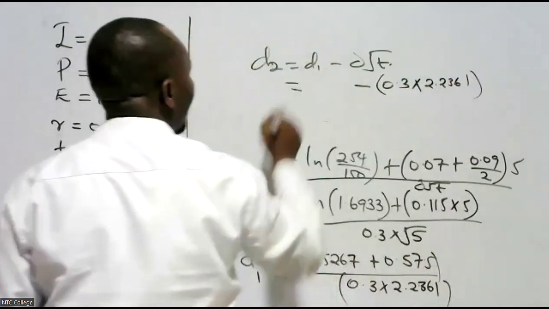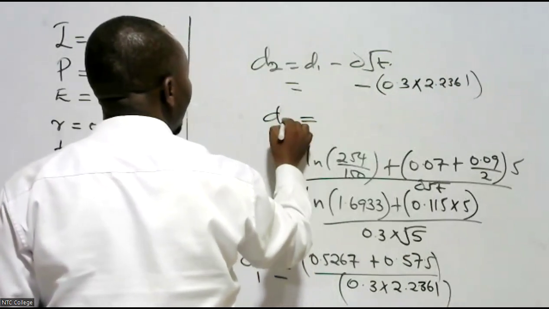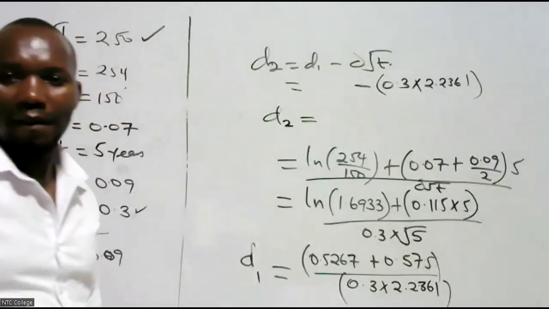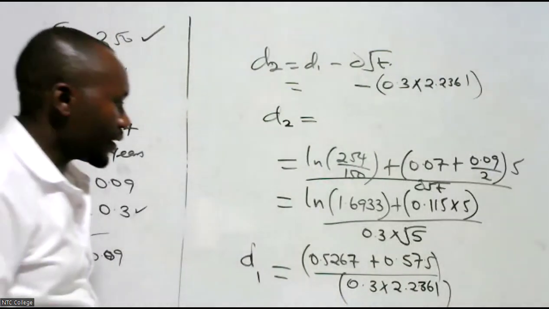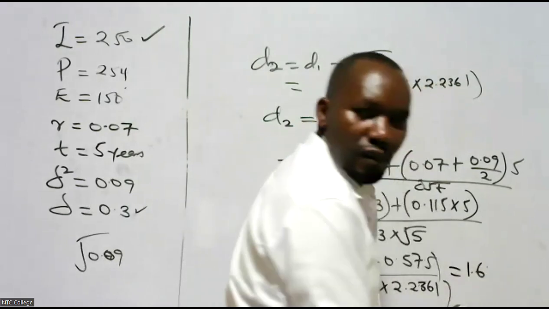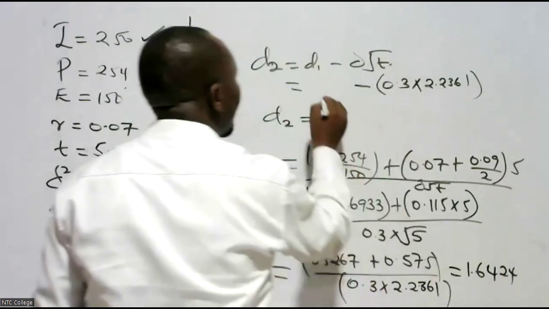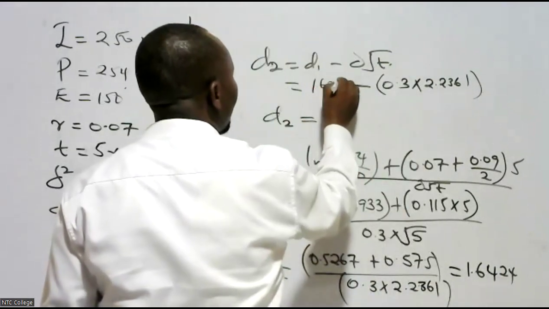Get me the answer. So D1 is 1.6. Thank you. So 1.6264.